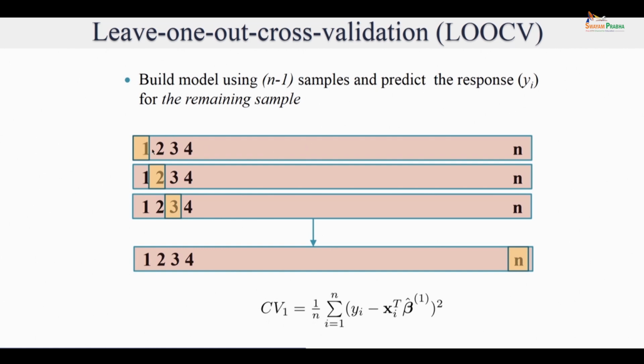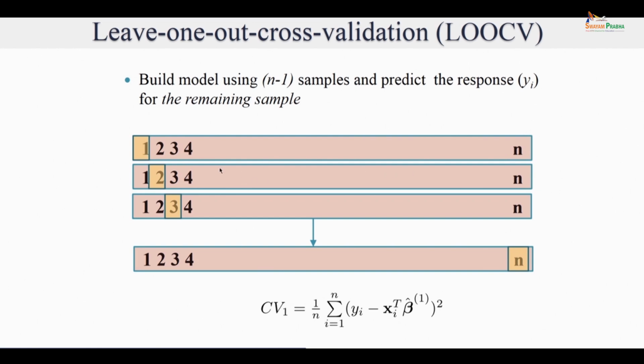In this case we have n samples. As I said, n is not very large, maybe 20 or 30 samples for training. So what we will do is, first leave out the first sample and use the remaining samples for building your model. That means you will use samples 2, 3, 4 up to n to build your model, and once you have built the model you predict for the sample that you have left out, and you will get an MSE for this sample.